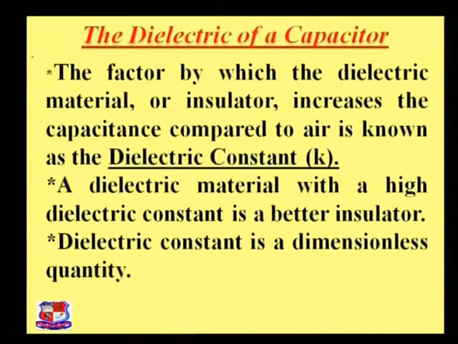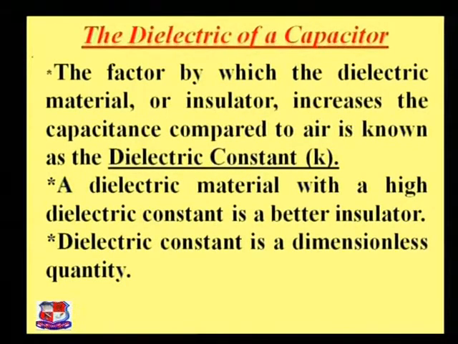Now according to the dielectric of the capacitor, the dielectric constant, that is K, is the biggest factor in whether the dielectric material or insulator increases or decreases the capacitance. Again, it's the dielectric constant. So to find out the dielectric constant, we can see that the dielectric material either increases the value of capacitance, or reduces the value of the capacitance.